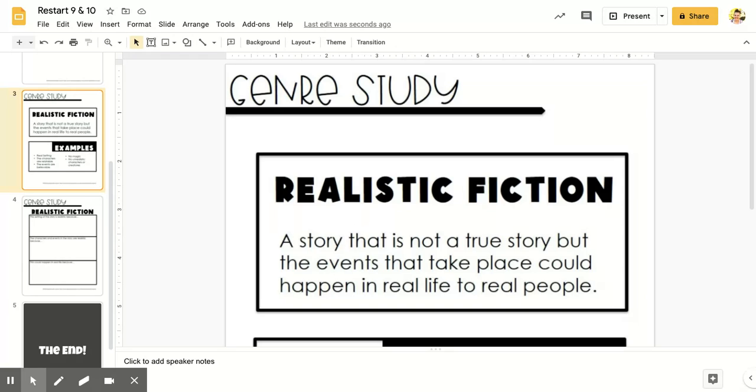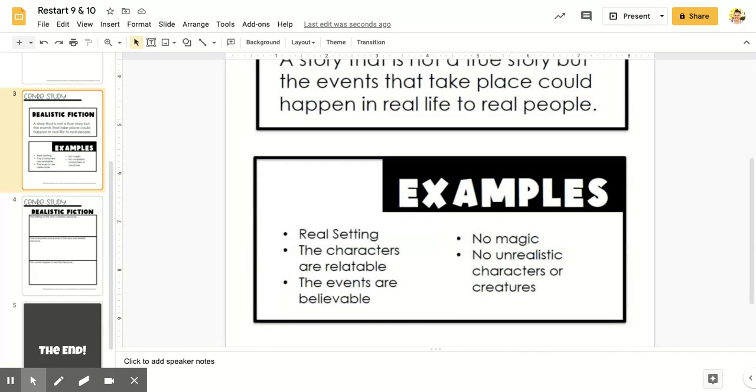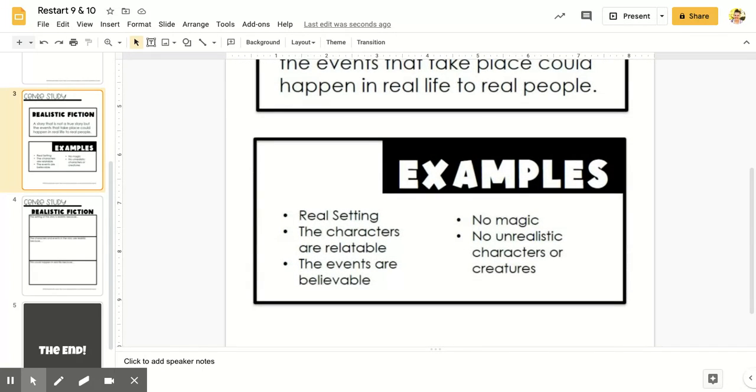But the events that take place could happen in real life. Like, we don't have aliens coming in. We don't have unicorns running around. We don't have spells from Harry Potter being cast. It's very realistic in the real world. And then some examples of that are real setting. The characters are relatable. Like, sometimes you see a character and you're like, oh man, I've been there before.